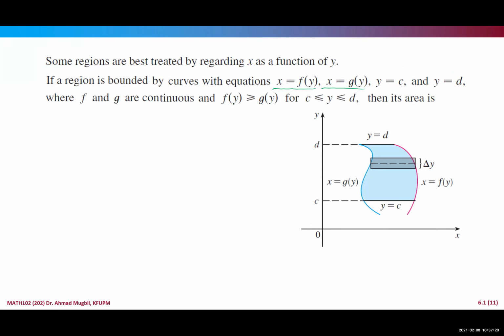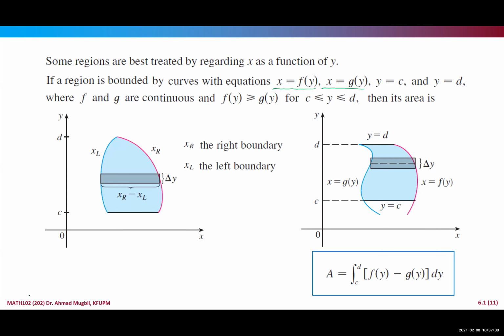When we are talking about y values, who is bigger will be on the right, who is lower will be on the left. So this is why it is important to call them x right and x left. This one is x right, and this one is x left.